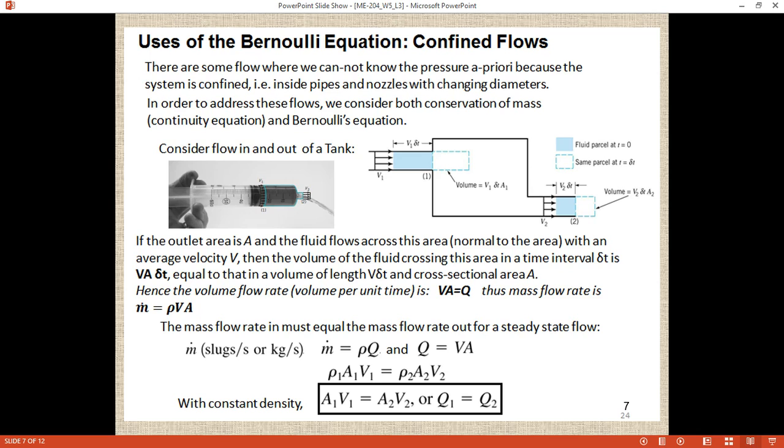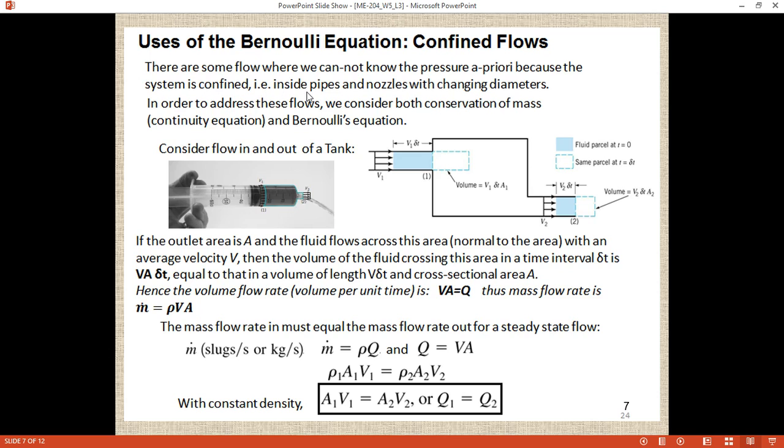There are some flows where we cannot know the pressure a priori because the system is confined. Consider this is a system which is confined. We don't know the pressure here, we don't know the velocity here, and we don't know the flow as well.